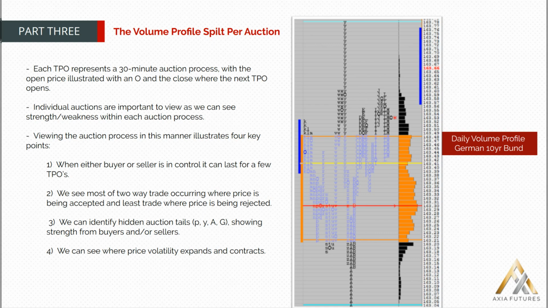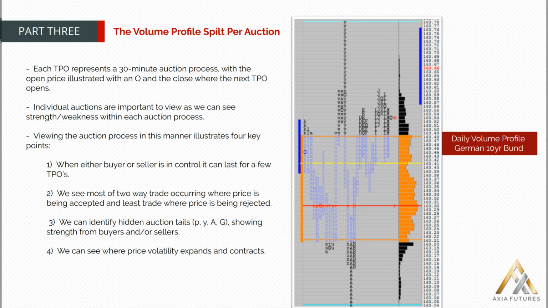Note, viewing the auction process in this manner will illustrate 4 key points. The first is, when either buyer or seller is in control, it can last for a few TPOs. As a rule of thumb, I have a little saying. When a market is moving in one direction, it's a lot like a big ship, an oil tanker, coming into a harbor. Note, it takes a long time for an oil tanker to turn around, just like the markets very rarely turn around and aggressively reverse in one direction.